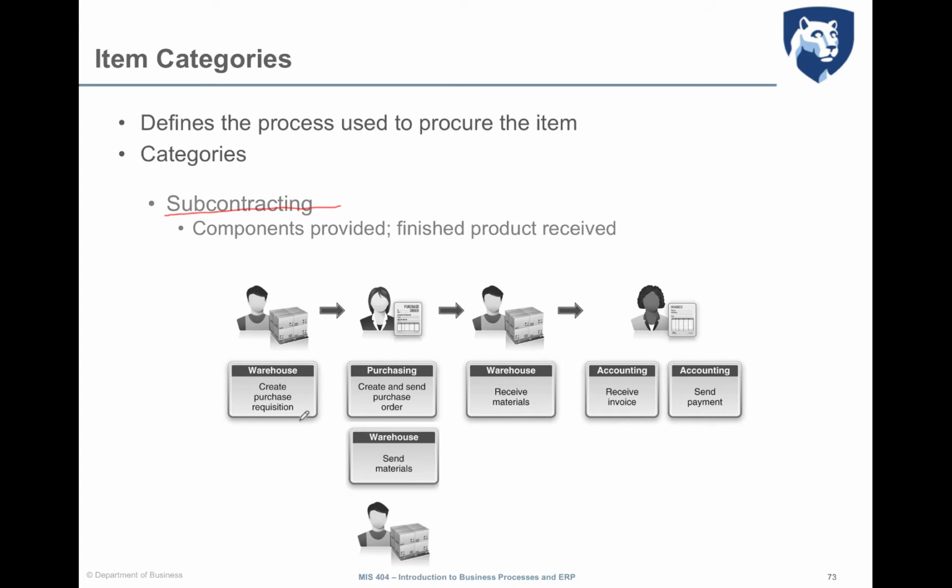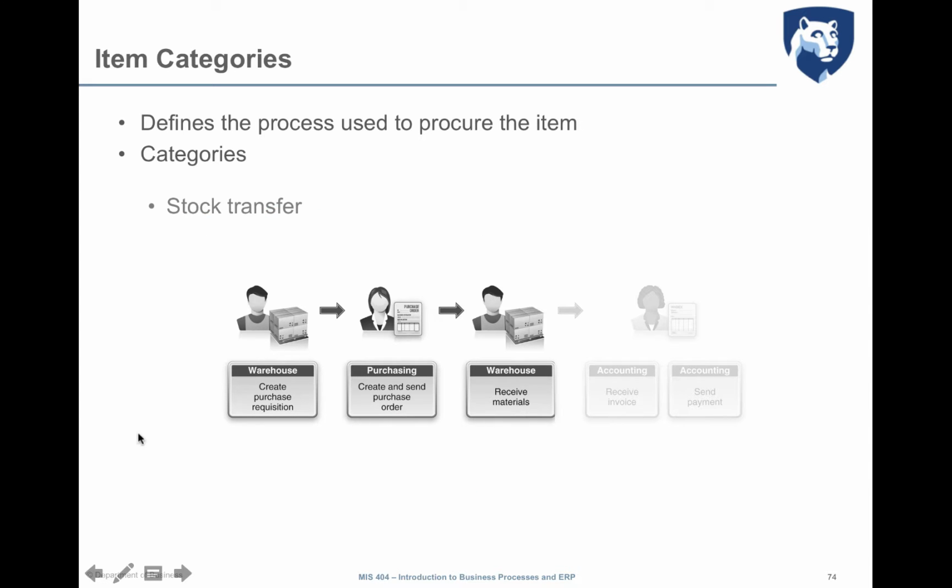So in this case, the process is the same as the standard one, but we also have one more step, which is shipping materials to the vendor, material that will be necessary to realize the product that will then be sent to the company.